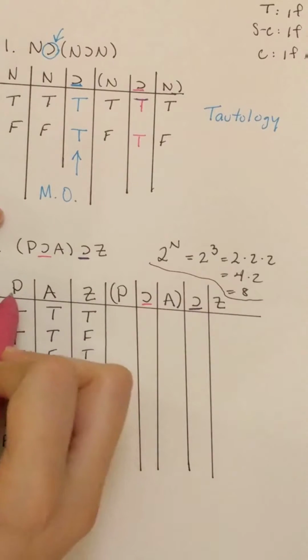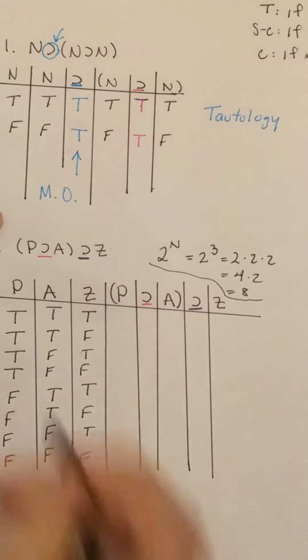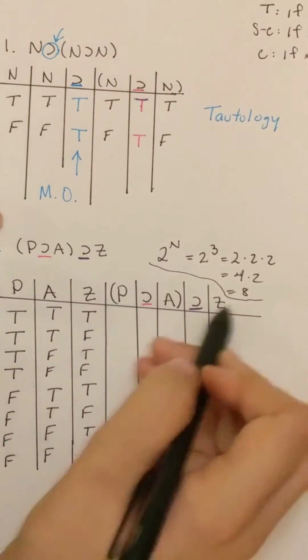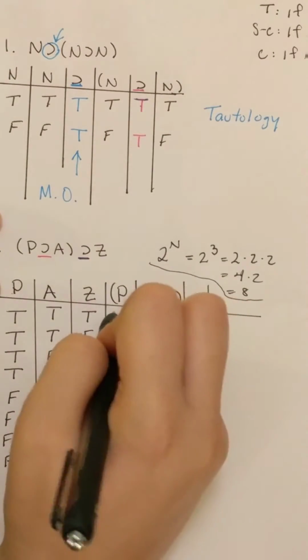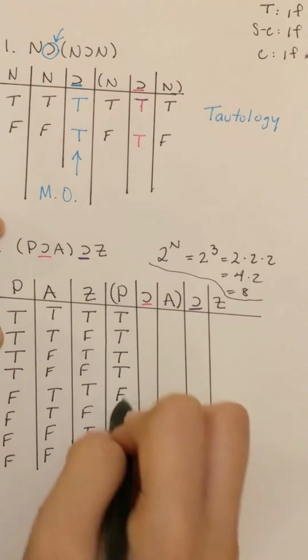And I like to write them out in order. It doesn't really matter, but I like to write them in the order that they're presented in the proposition. So I'm going to copy the truth value options.